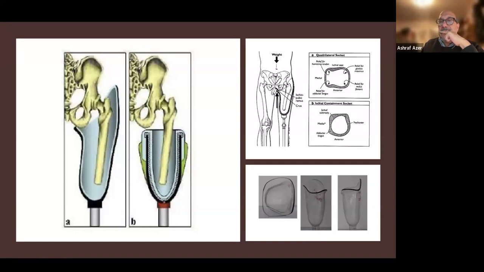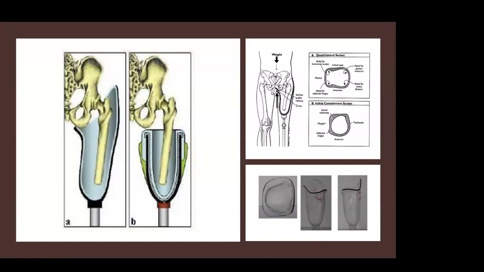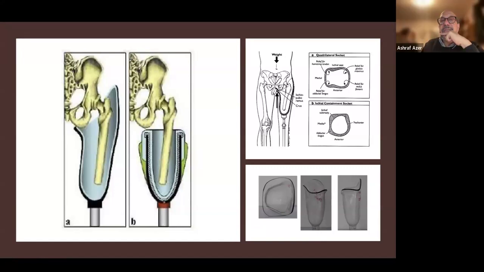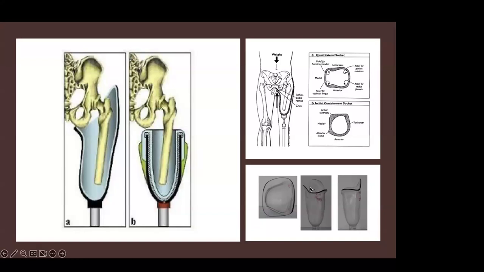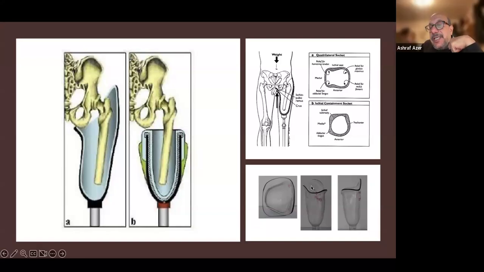Okay? Easy? Make sense or not really? Makes sense. Ischial containing has an ischial bearing area but embedded inside. You'll see a small thing, not as prominent as this shelf here. Okay?